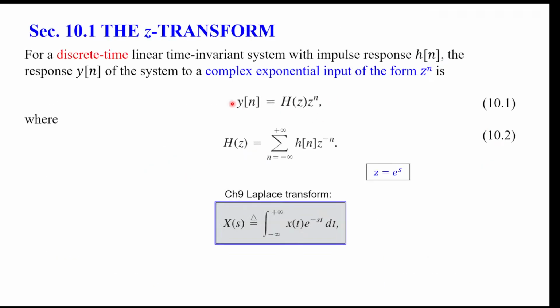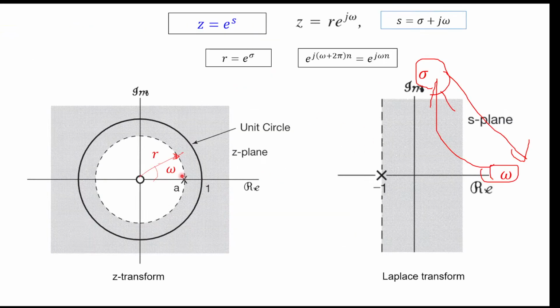So now we have the discrete time signal h of n. Then we go to the frequency domain, or now the z domain, and this omega will be periodic with period 2 pi. So in this picture, this is very intrinsic. So omega goes from 0 to 2 pi, then you go back to the same point.